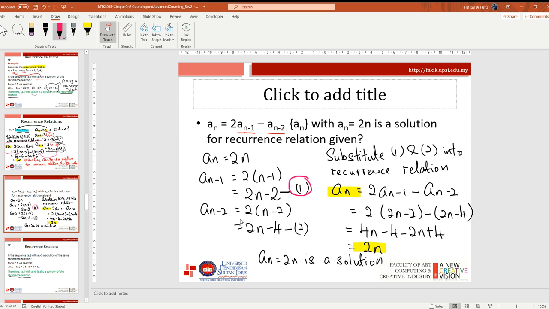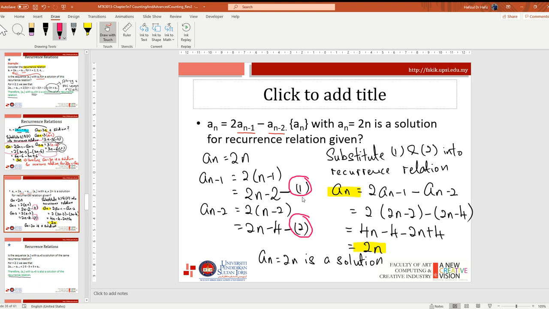Kita nak gantikan nilai dia. Lepas tu a_{n-2} is equivalent to 2(n-2). Jadi kita akan dapat, kita buka kurungan ni, 2n minus 4. Yang ni substitute number 2. So for the recurrence ni kita gantikan dengan nilai tadi tu. Jadi kita akan dapat a_n is equivalent to 2a_{n-1} minus a_{n-2}. Yang atas ni is equivalent to 2n minus 2.